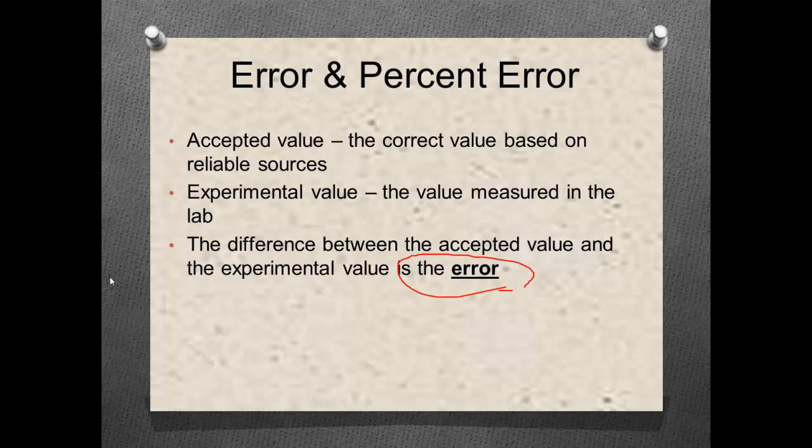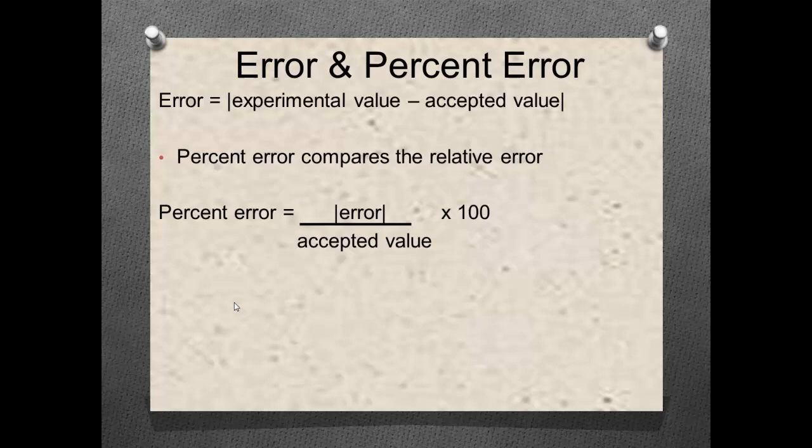The word difference tells us that this is going to be a subtraction. Now on your notes here, you're missing these little absolute value lines right there, so you need to draw those in. What I was just saying is the error is the experimental value minus the accepted value, except we get to take the absolute value of it. That means that if it comes out to be a negative, we're going to make it a positive.